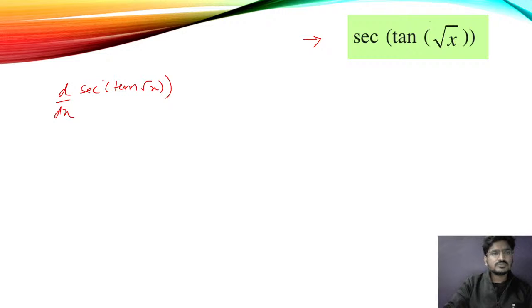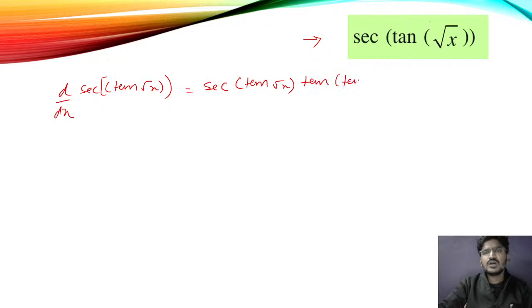Clear? So that is differentiation of sec is what? Sec x into tan x. So it will be sec of tan root x into tan of tan root x.